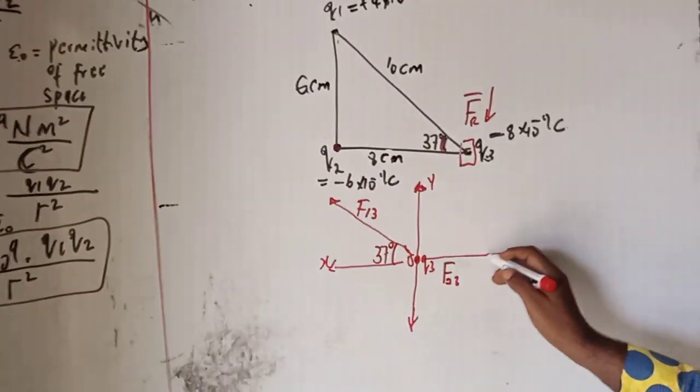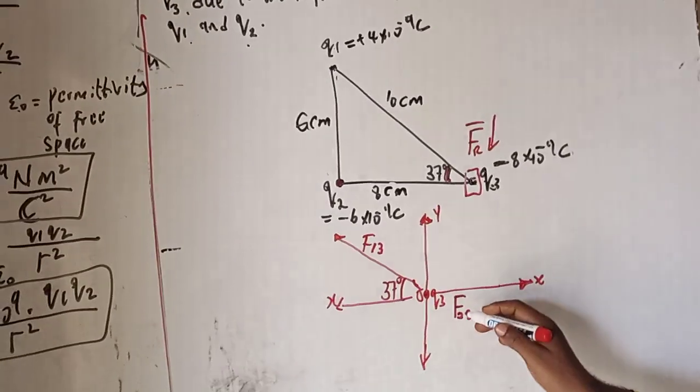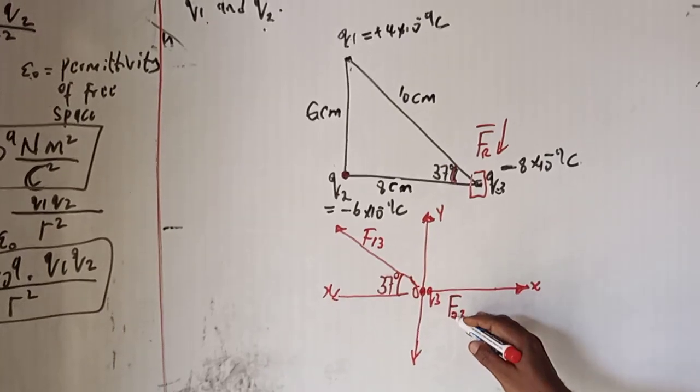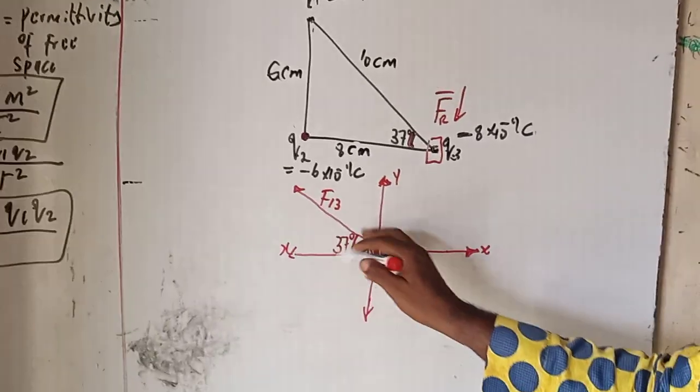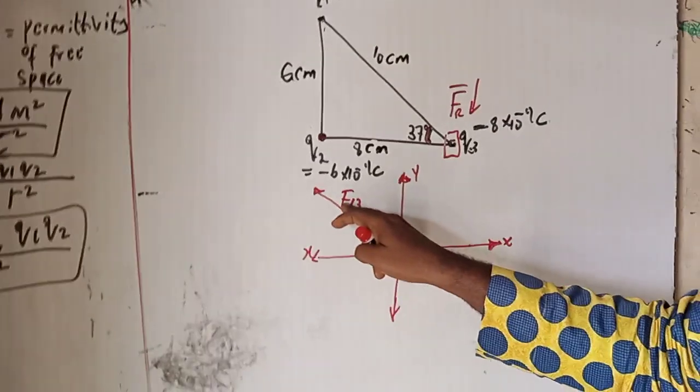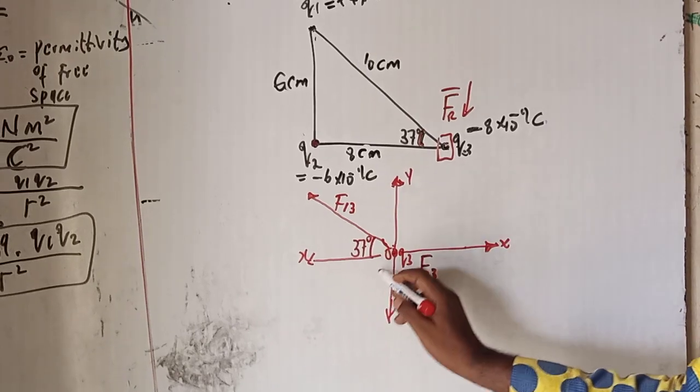It will move along this particular direction of the x axis. Now, we want to find the resultant. How do we do that? We know that this force F13 has a component along the vertical and along the horizontal.